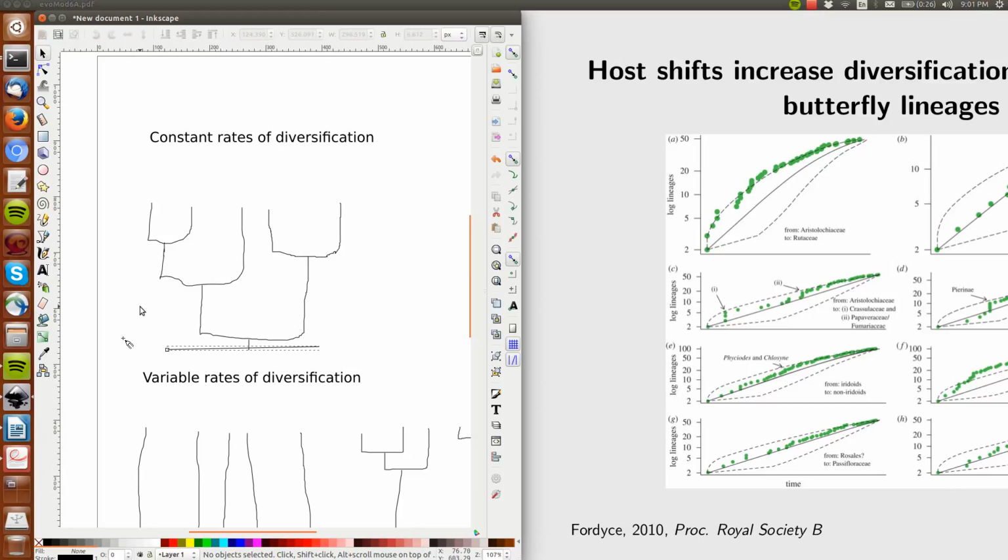For example, if I go to more recently in time, here there were 2 lineages that my line's crossing, right? At this point in time, there were 3 lineages. Now we have 5 lineages. So as you move to the present, because of a bifurcating tree, you're going to see more and more lineages, but they should accumulate at different rates, depending on whether you have a constant rate of diversification, a speed up, or a slow down.